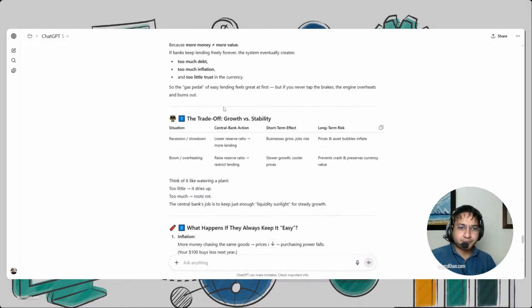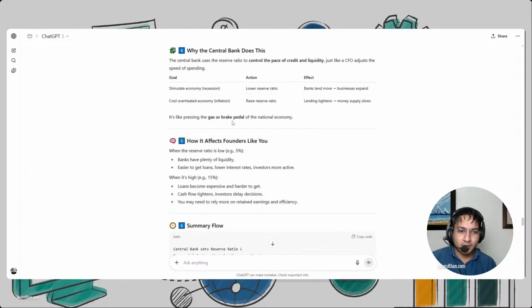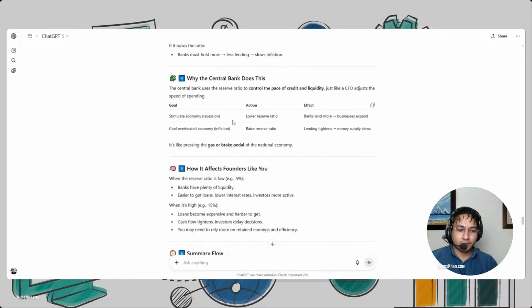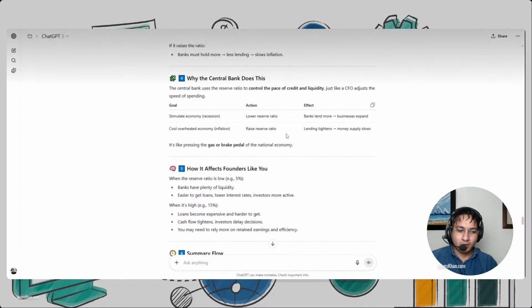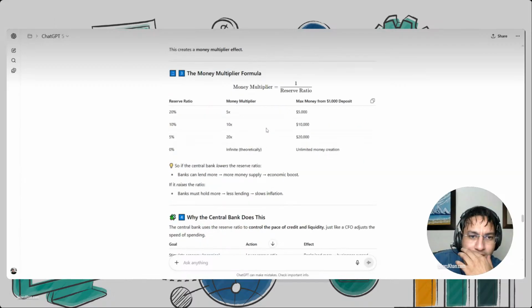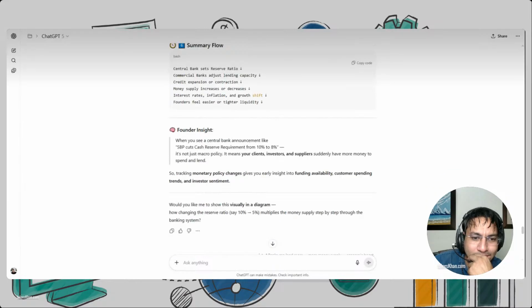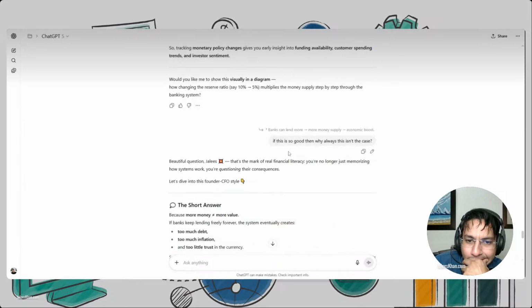Yep, here we go. So we can see here how central banks work. We completed this part.